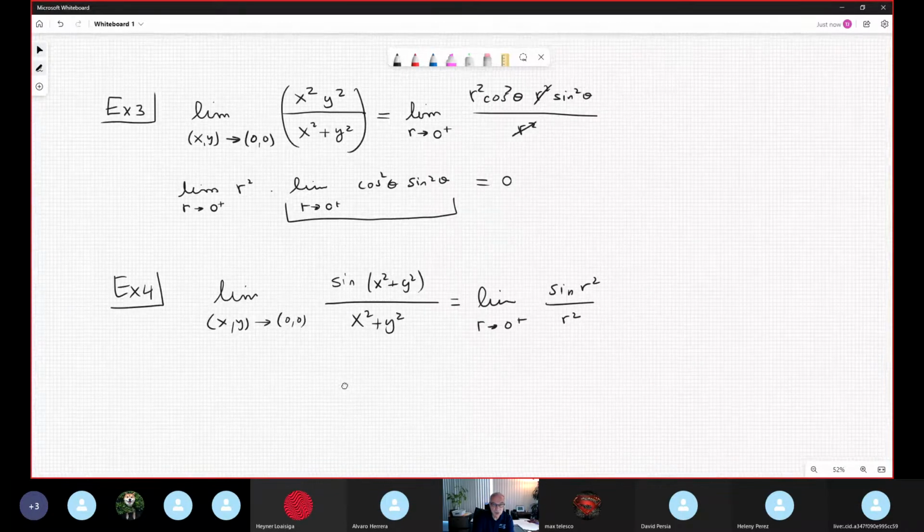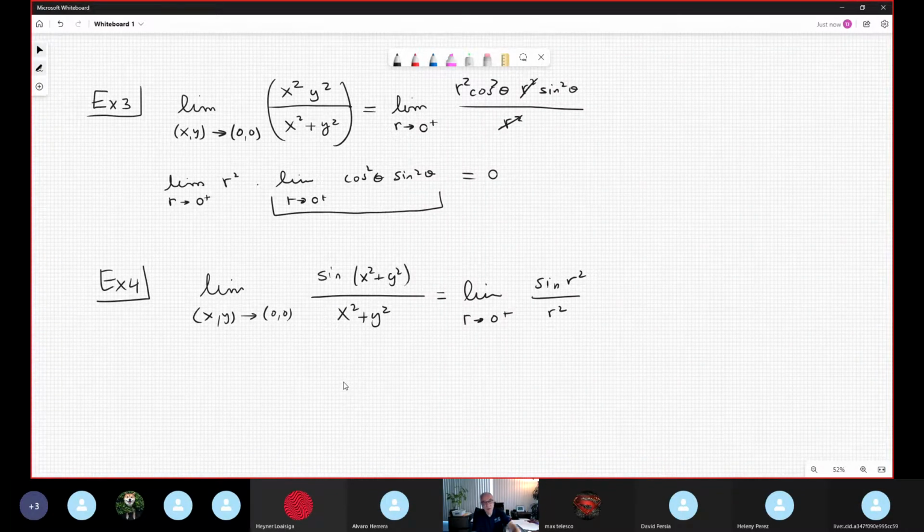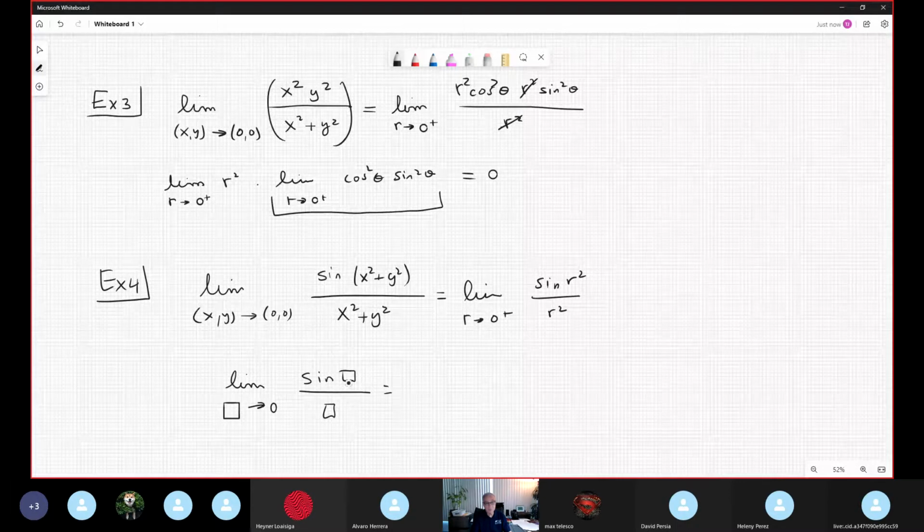Then you change the variable to polar, you convert the multivariable problem into a single variable, calculus 1 problem. And you know very well the fundamental trigonometric limit from calculus 1: as something approaches 0, sine of something divided by something is equal to 1.